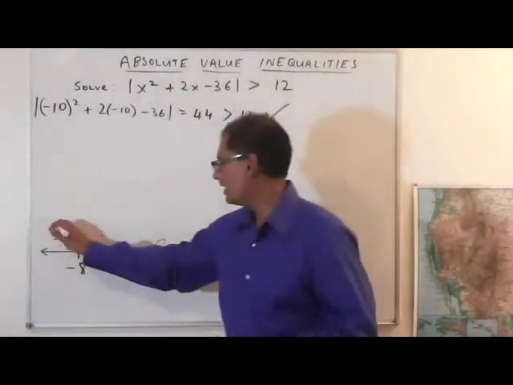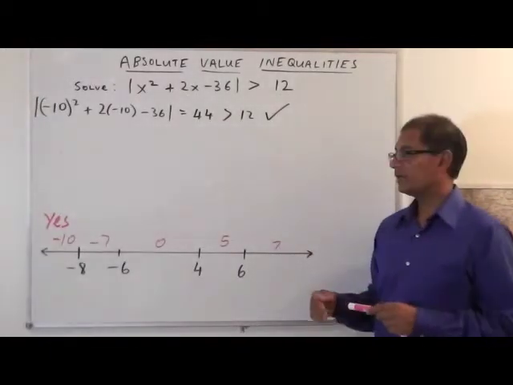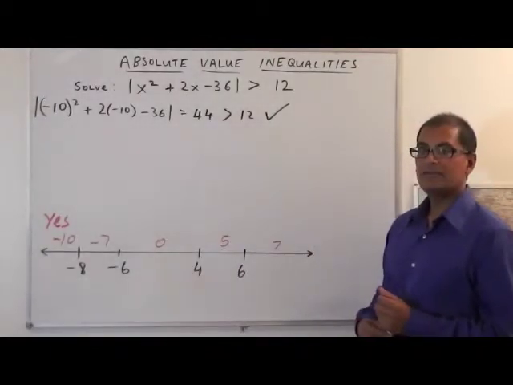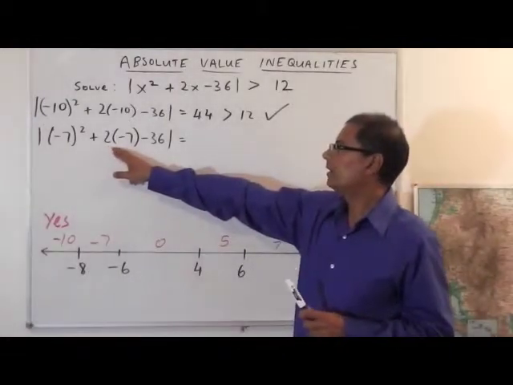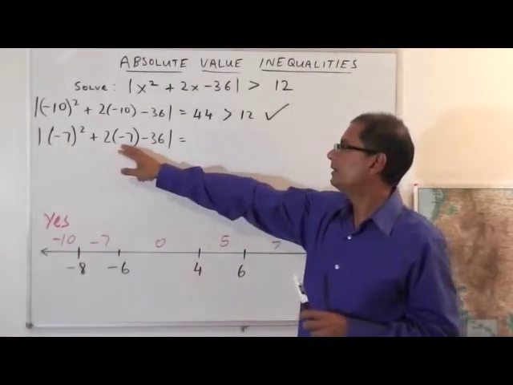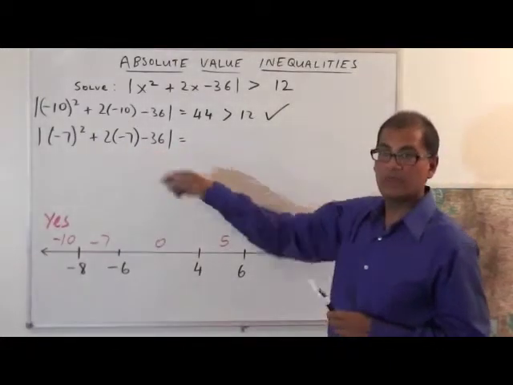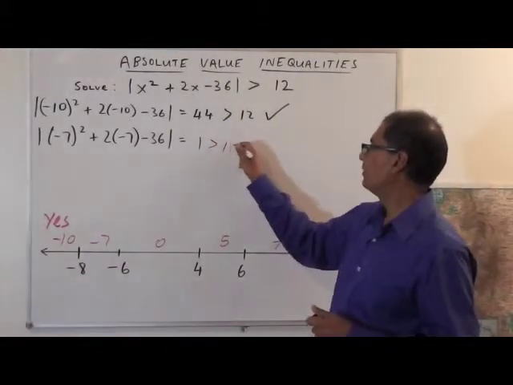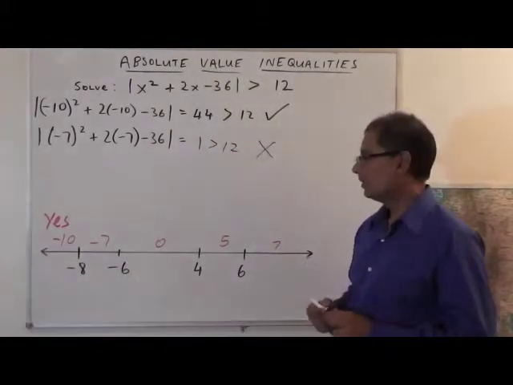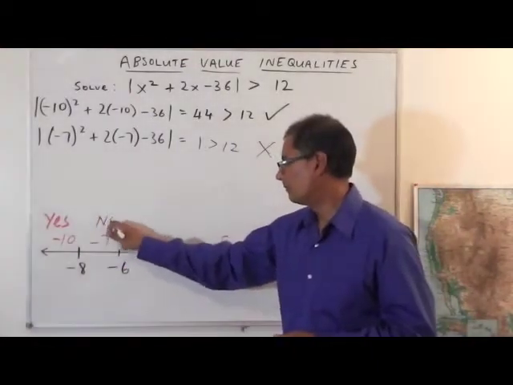So we can put a yes over here on this side. And so similarly, we're going to check each of these numbers. Let's check negative 7. So negative 7 squared is 49 minus 14. That will give you 35 minus 36 is minus 1, but you absolute value this, so this is going to be 1. Is 1 greater than 12? No, that doesn't work. So this area here between negative 8 and negative 6 will put no.